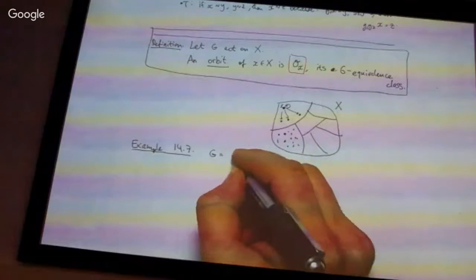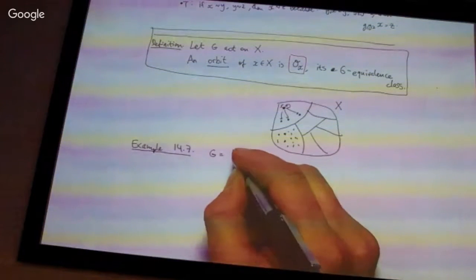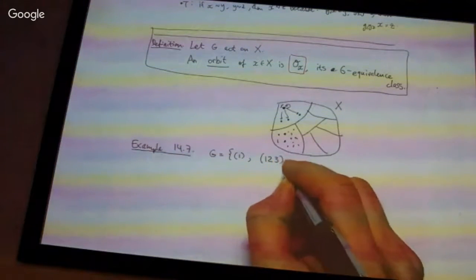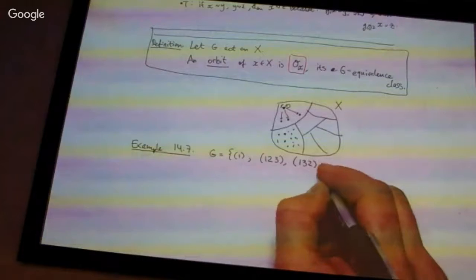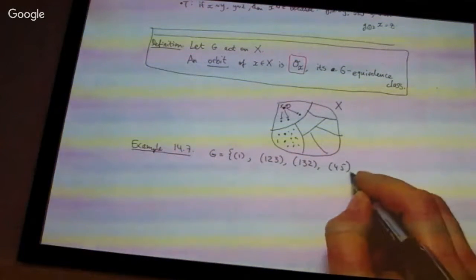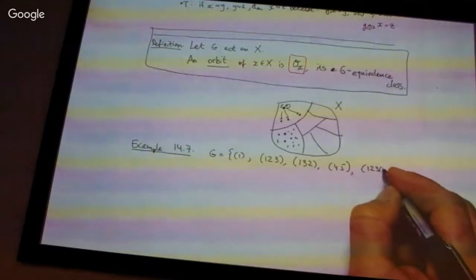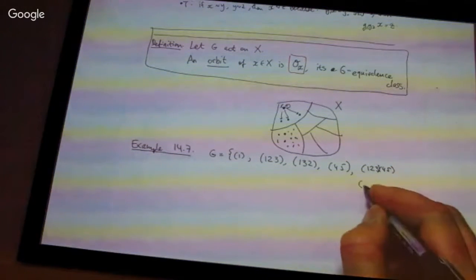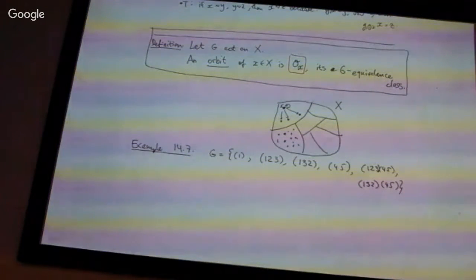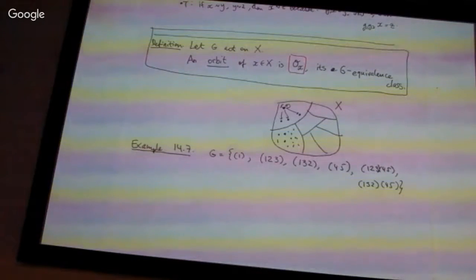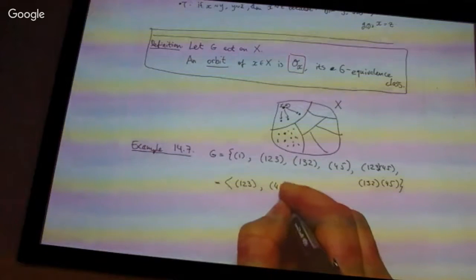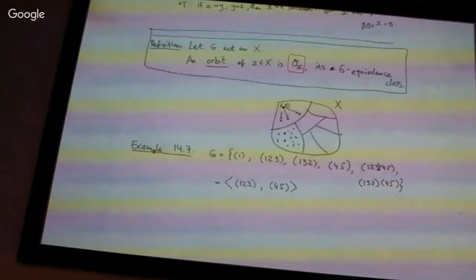Here you have a permutation group which has 1, 2, 3, 1, 3, 2, and 4, 5, and 1, 2, 3, 4, 5, and 1, 3, 2, 4, 5. These are all the elements of the group. You could say it's generated by 1, 2, 3 and 4, 5, generated by these two elements.